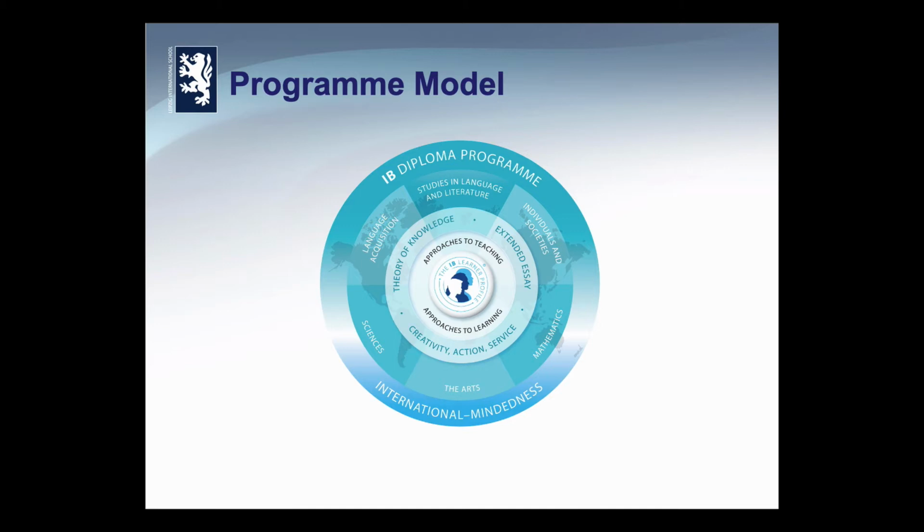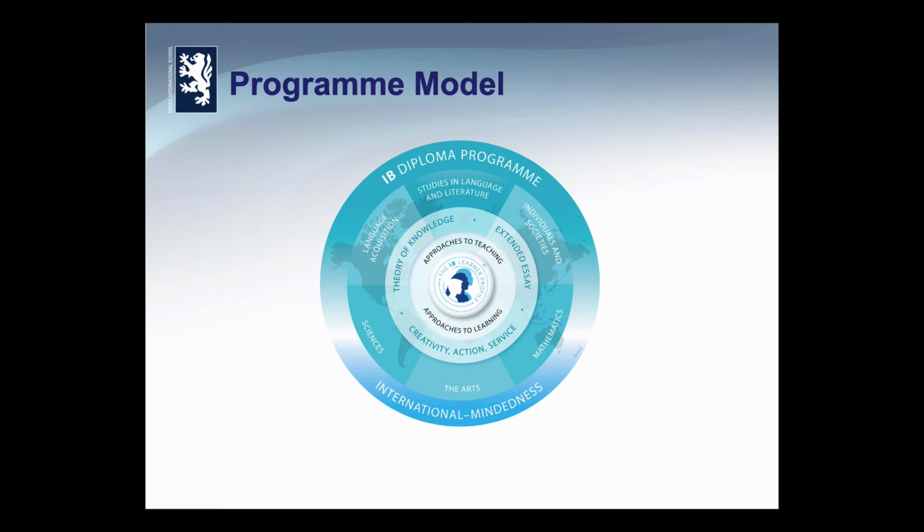So we have a number of different approaches that we use in our teaching of the programme, and they include making sure the students are well versed in research skills, thinking skills, communication skills, self-management skills, and that they have a good set of tools to enable them to access and to be successful in the programme.